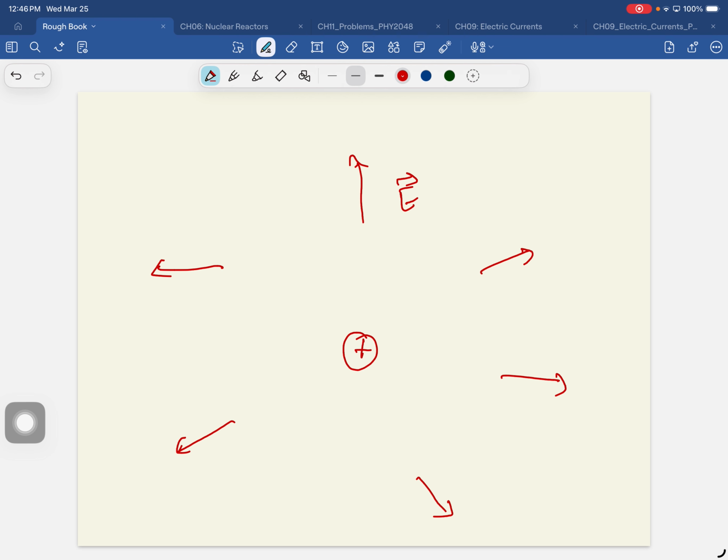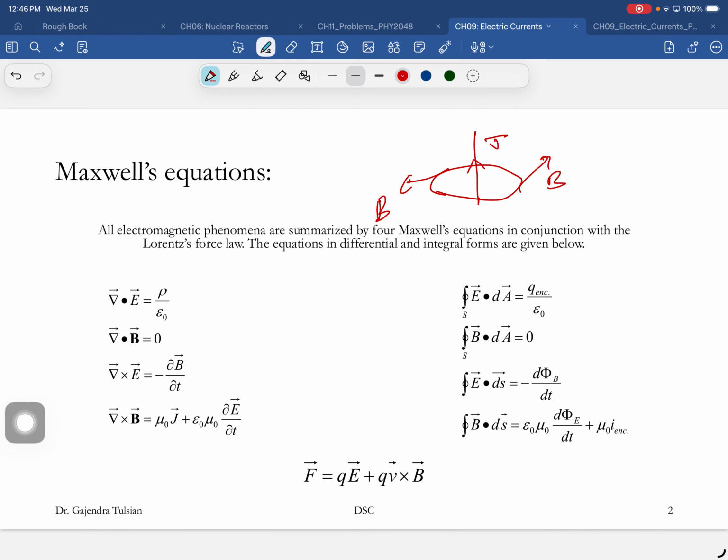That's what this equation is telling you. There's a beautiful symmetry to it. To detect an electric field, you have to place another charged particle there. If it feels a force, then there's an electric field, and if it doesn't feel a force, there's no electric field.